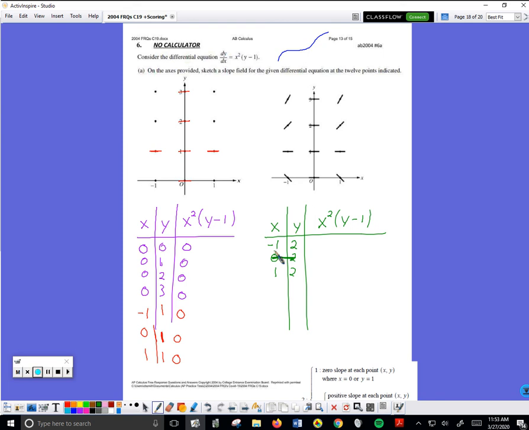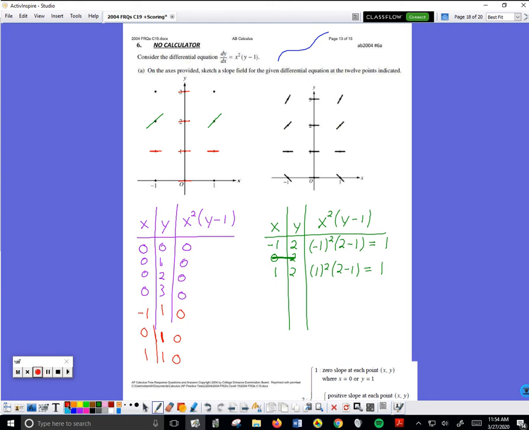So negative 1 squared multiplied by 2 subtract 1 is going to be 1. 1 squared multiplied by 2 subtract 1 will also equal 1. Slope of 1 has 45 degrees, so I go here to here would be a slope of 1 because I'm over 1, up 1. So I draw the slope field like so. Over 1, up 1. That's the slope field there.